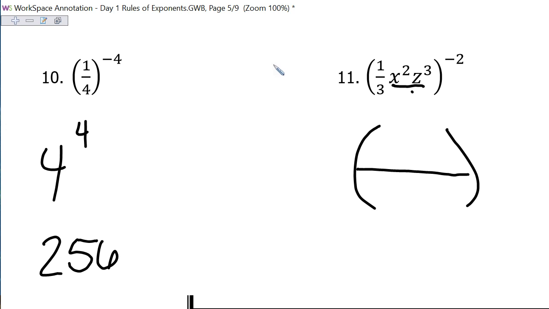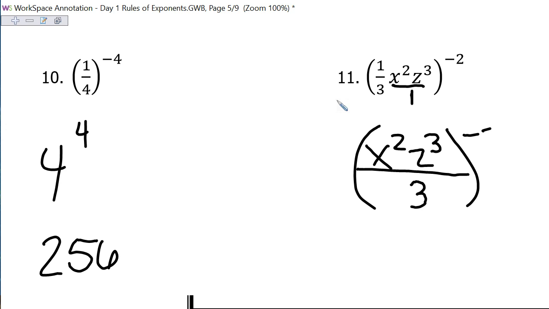Technically 1. So really, if I multiply these, this would just be a 3 in the bottom, and everything else will stay in the top. So x squared z cubed stays in the top, and now it's raised to the negative 2 power. So I'm just making it into one big fraction there. So 3 in the bottom, everything else stays in the top.